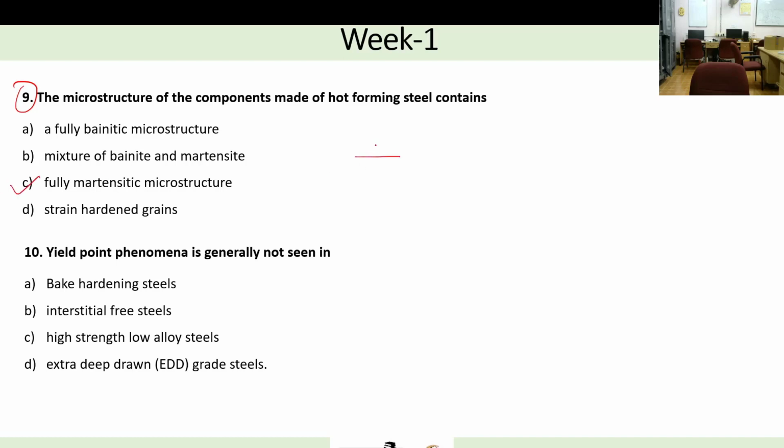After deforming at austenitic temperature, we cool it to form martensite. So you start with a ferritic or pearlitic microstructure, you heat it to complete austenitization, you deform it there or do hot forming, and then cool it to form martensite. So the martensitic microstructure will have it.